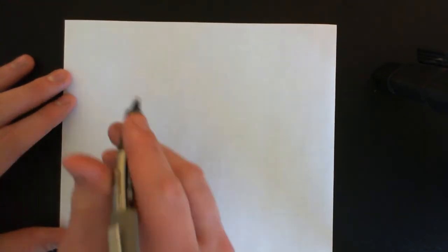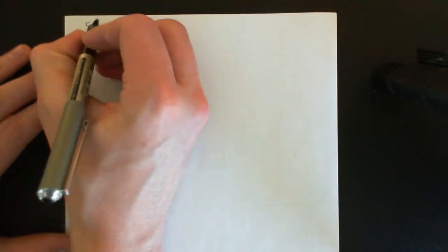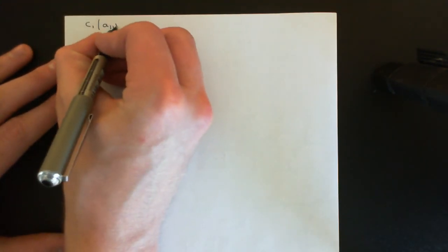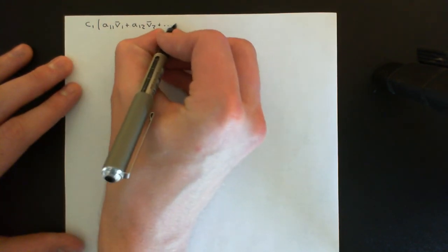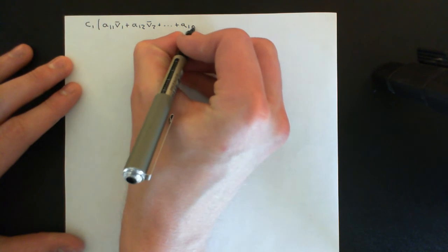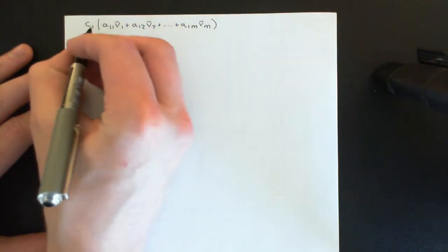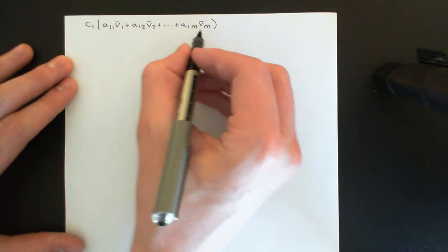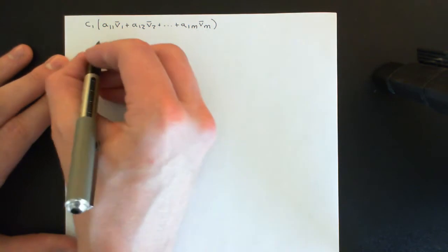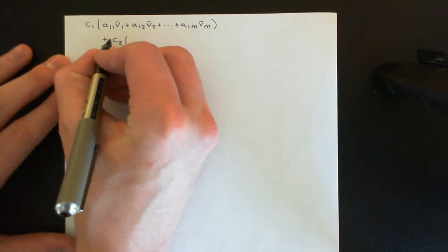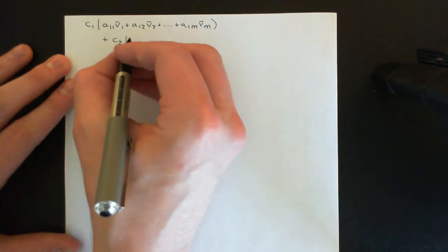Right, so if we're looking at a linear combination of these n vectors, what I'm now going to do is plug in my formulae for the n vectors in the linearly independent set in terms of the spanning set. So c1 times a11 v bar 1 plus a12 v bar 2 plus all the way up to a1m v bar m. Okay, so this is my linear combination of the bar vectors which will give me the vector v1. Then plus c2 times the linear combination of the bar vectors which will give me v2.